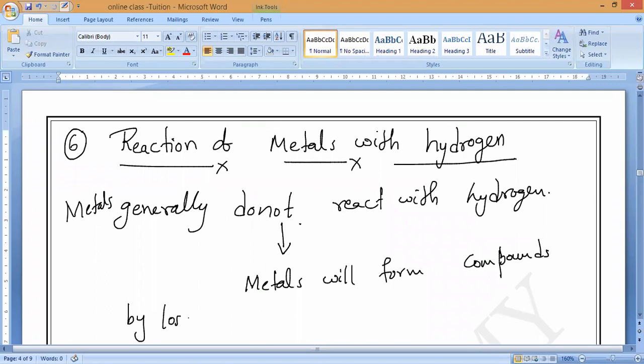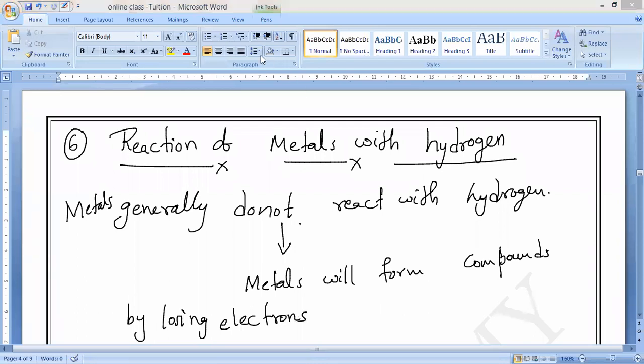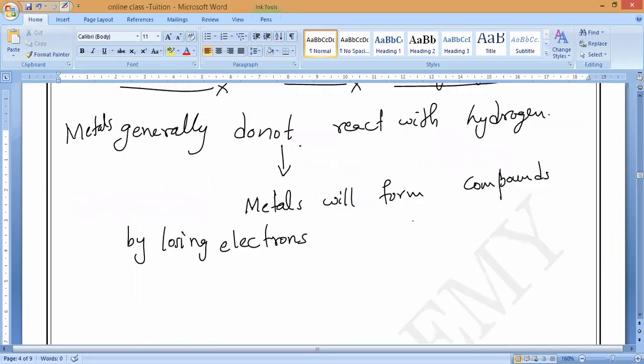But as we know, hydrogen also, in most cases, behaves like a metal. That is the reason we mention it in the metal activity series also. Hydrogen, even though it is a non-metal, behaves like a metal only.